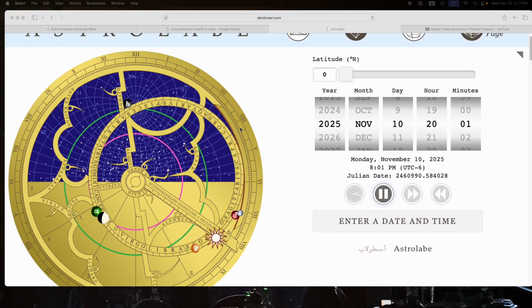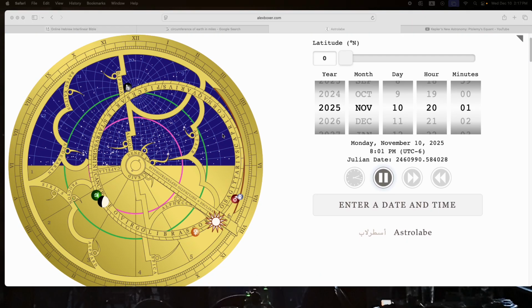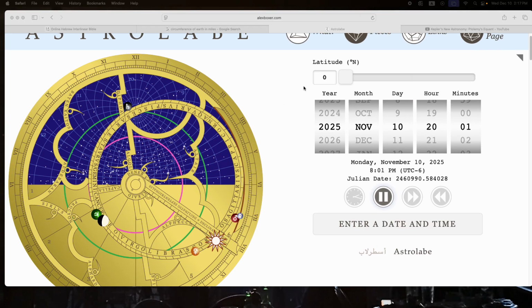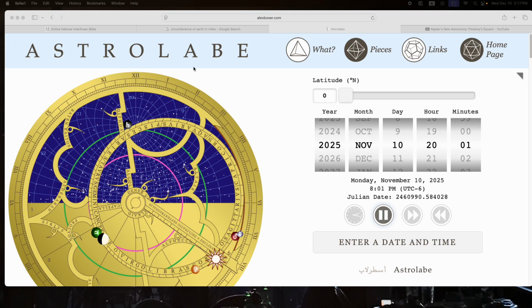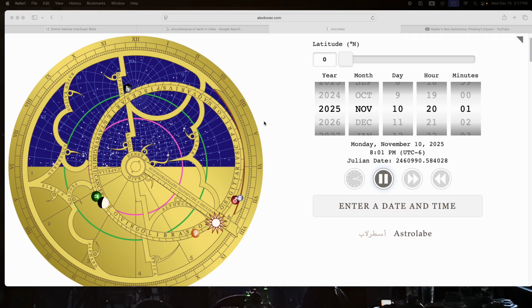So thanks for that. This is quite the fascinating tool, and I've been playing around with this website that she turned me on to, alexboxer.com Astrolabe. Very cool tool. For those that maybe aren't familiar with the Astrolabe, here's a quick rundown of how this thing works.